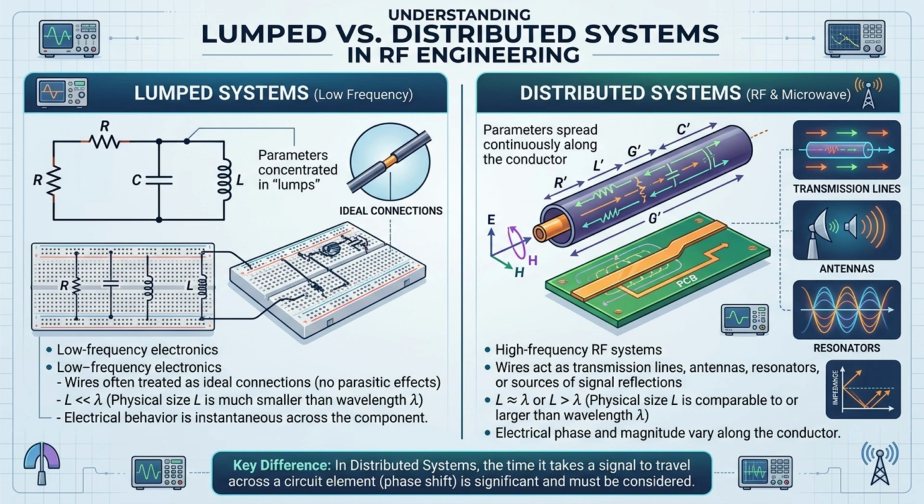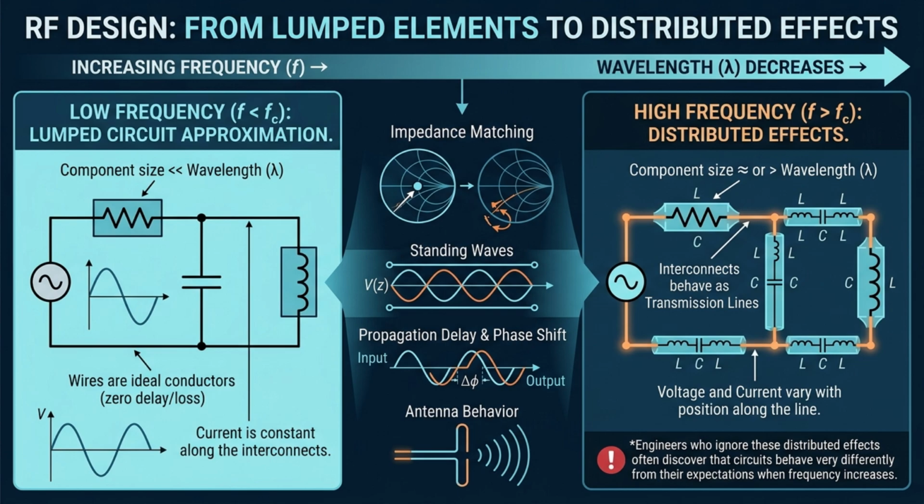In low-frequency electronics, wires are often treated as ideal connections. In RF systems, those same wires may act as transmission lines, antennas, resonators, or sources of unwanted signal reflections. Many RF concepts such as impedance matching, standing waves, propagation delay, and antenna behavior arise directly from distributed effects.